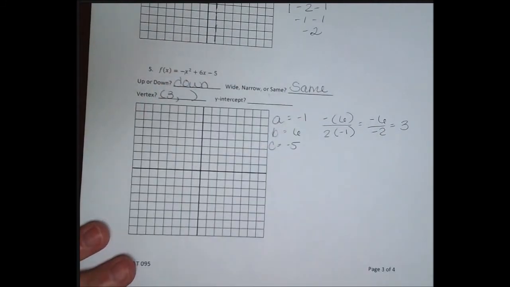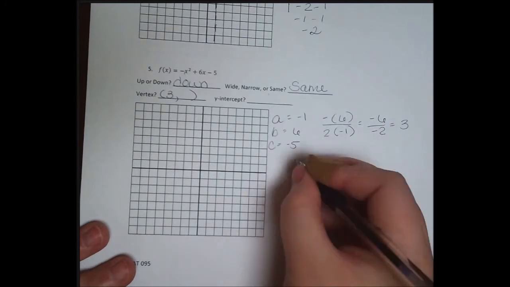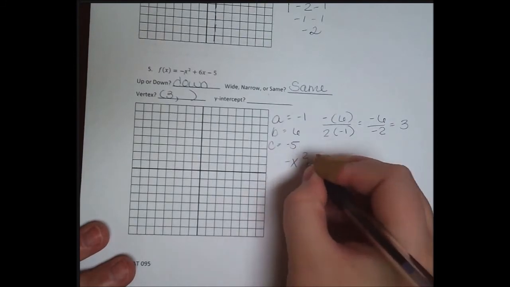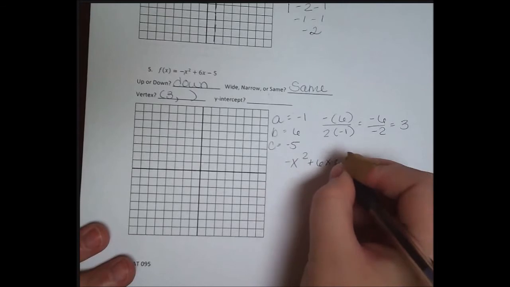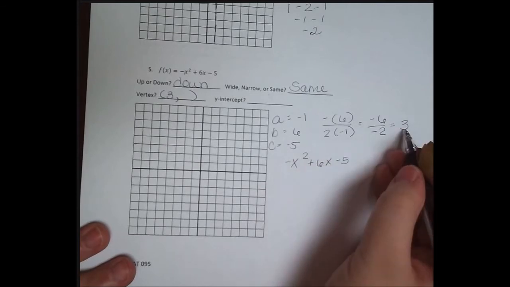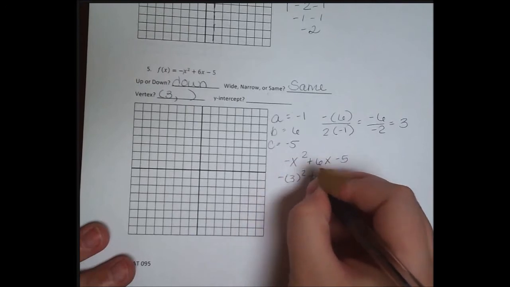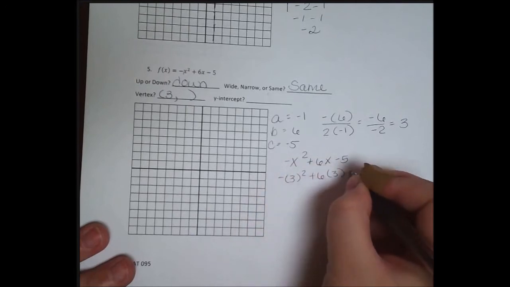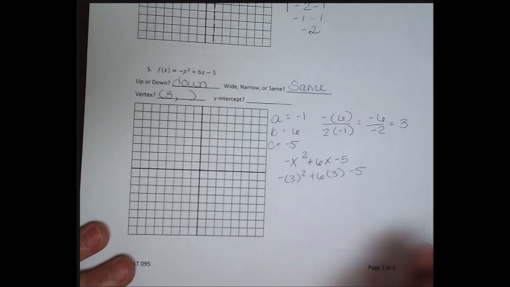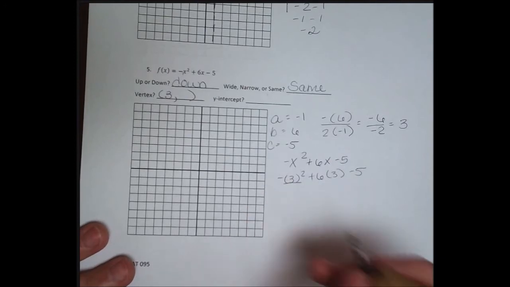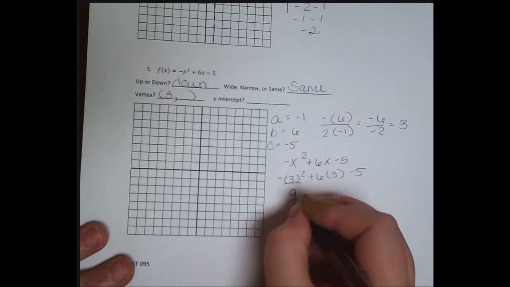Okay, so now we find our y value by plugging this answer of 3 into all of our x's. So first off, we've got to do our exponents first. So 3 squared is 9.